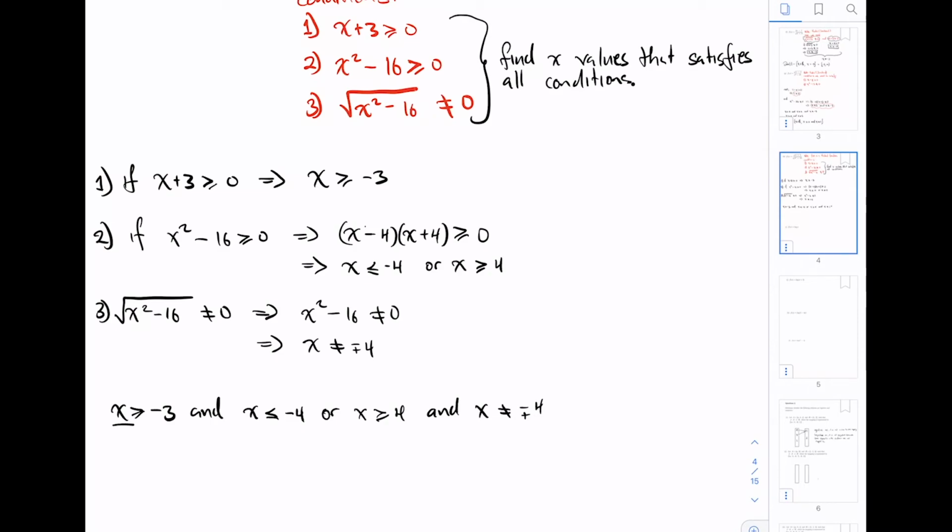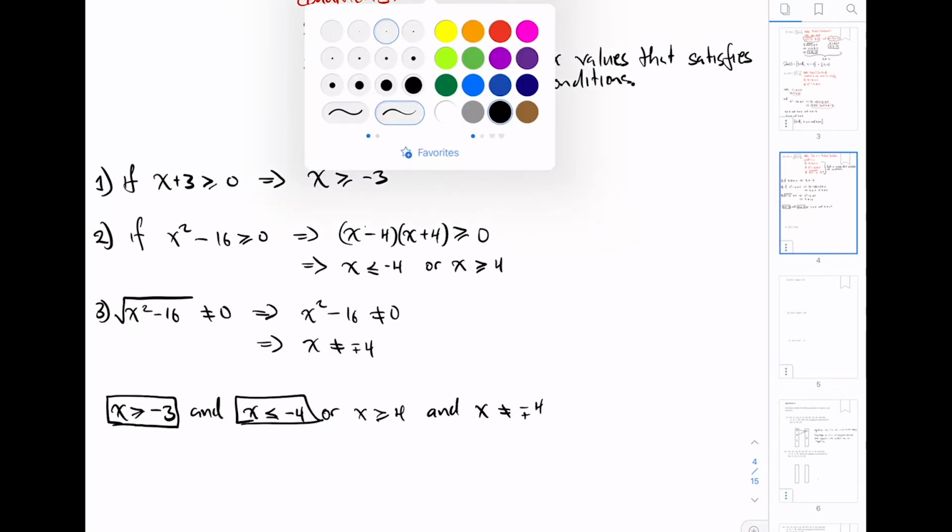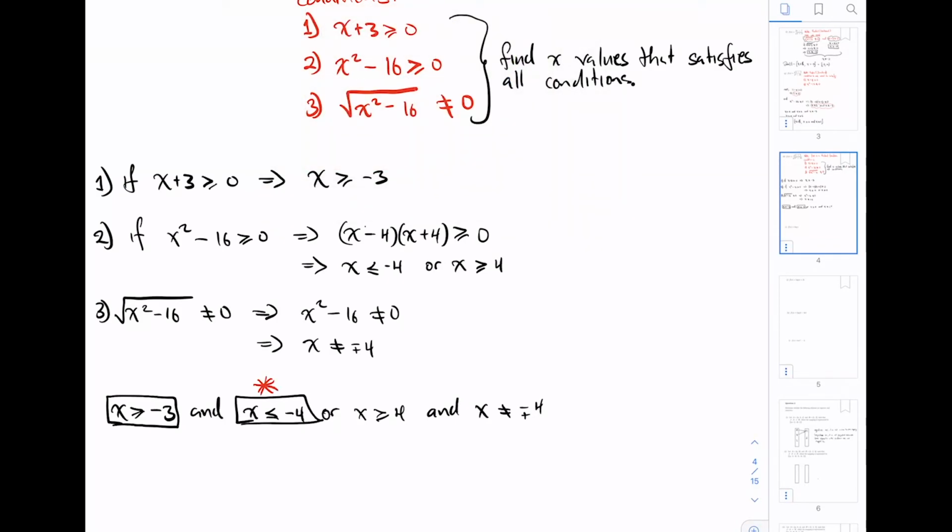Okay, so let's see how we can combine all of these criteria. If x is greater than -3, then it means that x cannot be less than -4. So let's write that one out. If x is greater than -3 and we have x greater than or equal to 4, then we need to not have -4 and +4 in our solution.